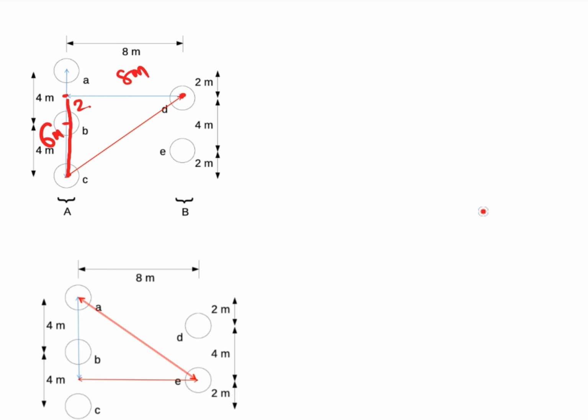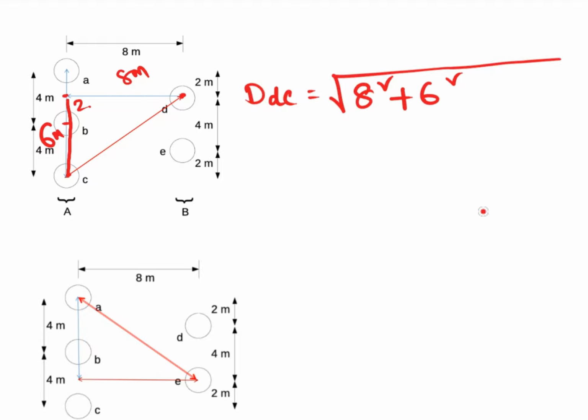So the distance DC is equal to square root of 8 square plus 6 square. So we get 10 meter.